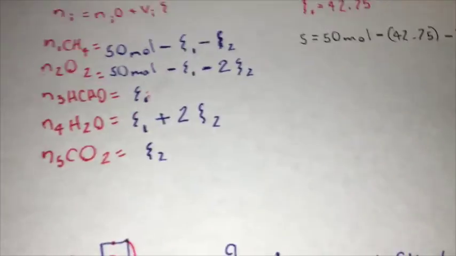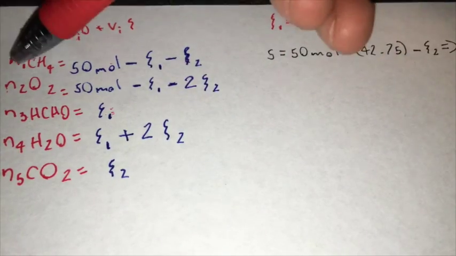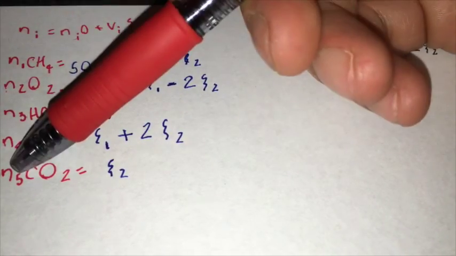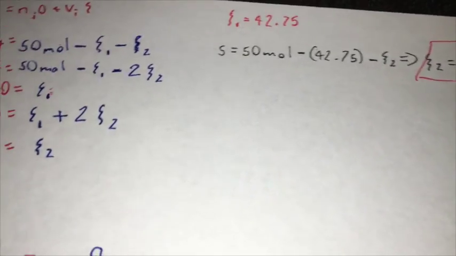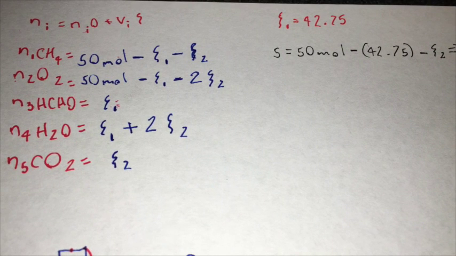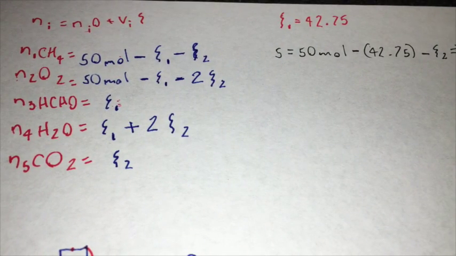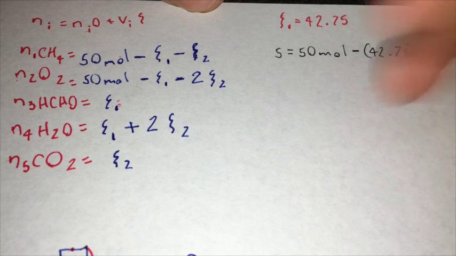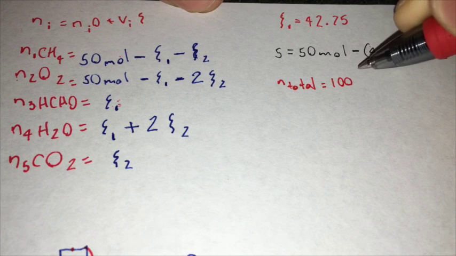And with this C1 and C2, we can just plug them into our equations and get N1, N2, N4, and N5. Real easy. Now to find the composition of the output stream, we have to divide each one of our N's by the total product stream, which is the total of our N's. If you've already calculated, which I hope you did, you might have noticed that our N total is equal to 100.